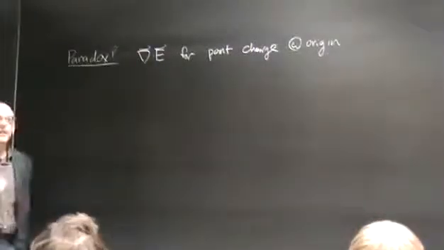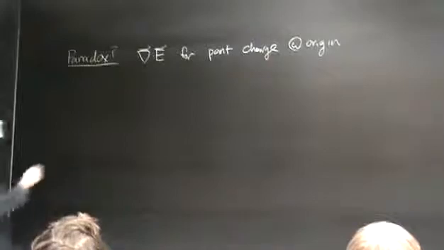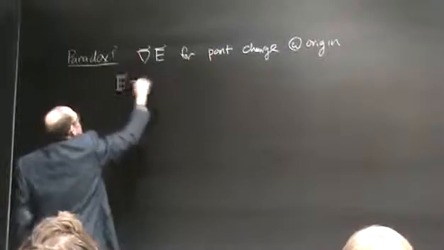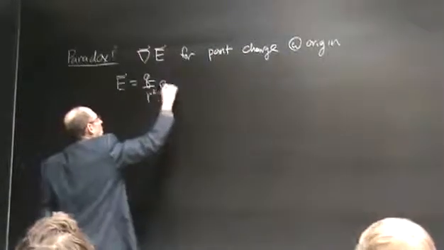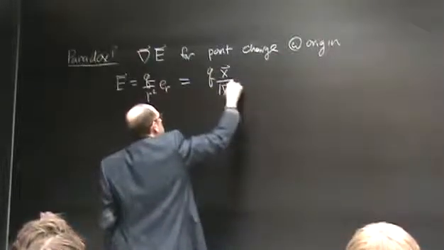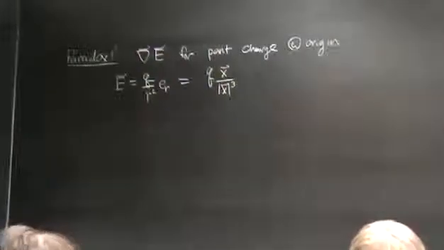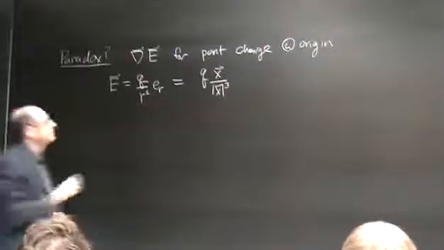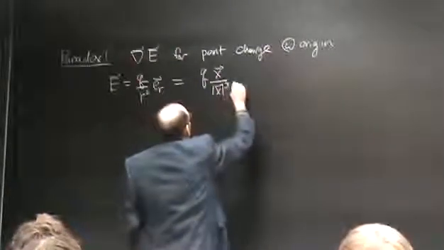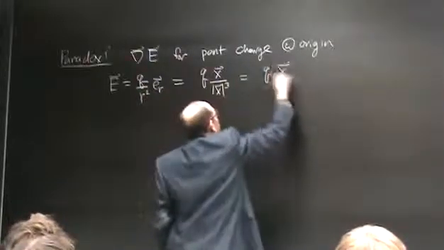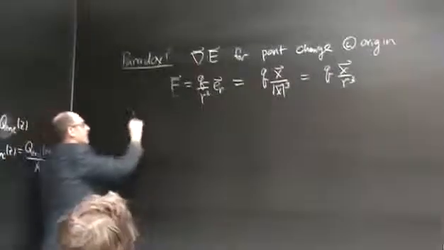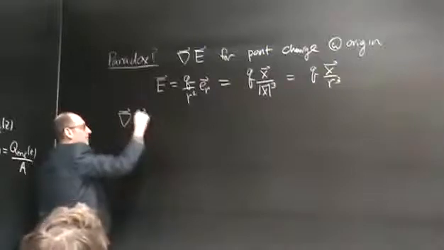Let's calculate the divergence of the electric field. The electric field in this case is Q over r squared e sub r, or equivalently, Q x over r cubed. So let's take the divergence of the electric field for the point charge.